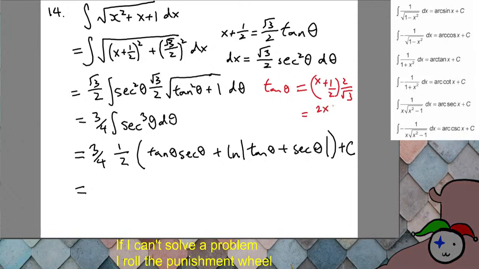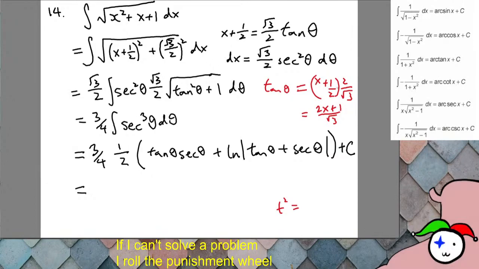2x plus 1 over root 3. And I'll run out of space. Tan squared, I'll just write that as t. Tan squared is 2x squared plus 1.